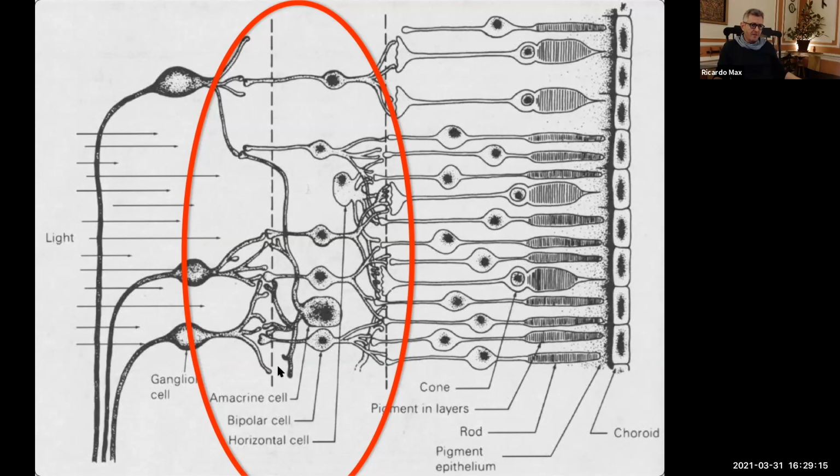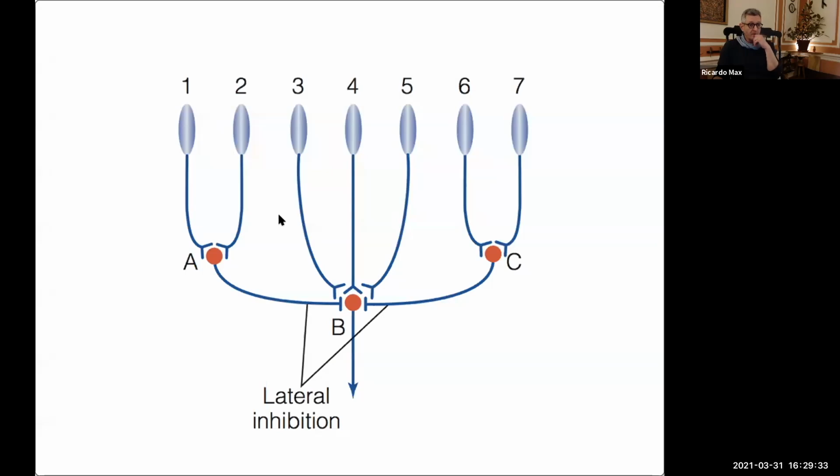Not all of them are completely understood. This is ongoing stuff. I think the amacrine cells are not fully understood. Maybe I'm wrong, but they are responsible for that in the case of our visual system.